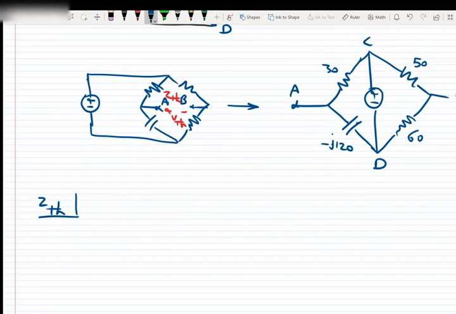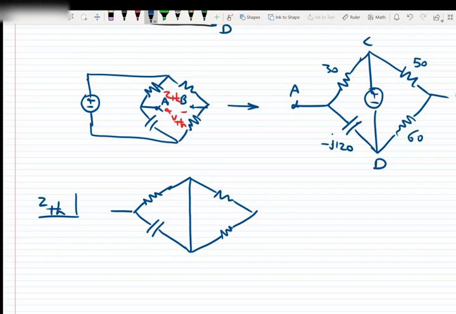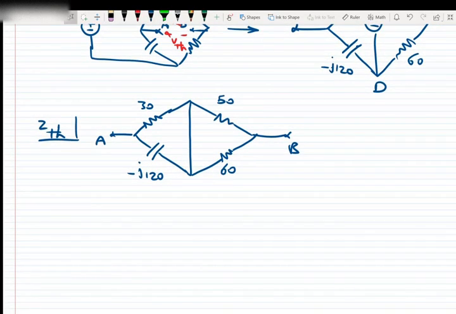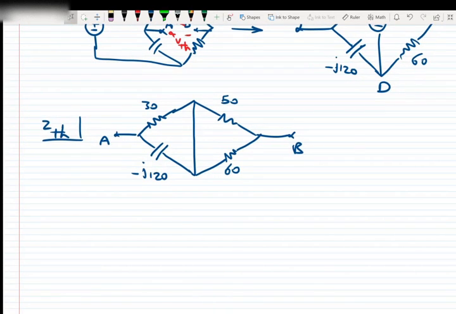So if we turn off the voltage source, we will have this circuit, and points A and B. So let's make it easier.